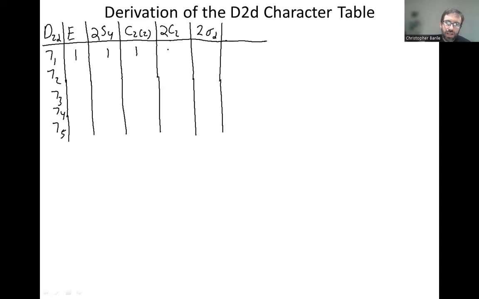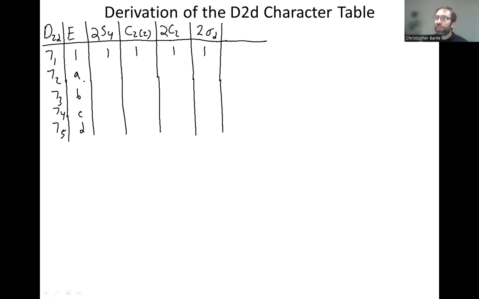But the first irreducible representation is always going to be 1s across the board, right? Totally symmetric irreducible representation. And then we don't know what these values are under the identity, the dimensionality of the character.